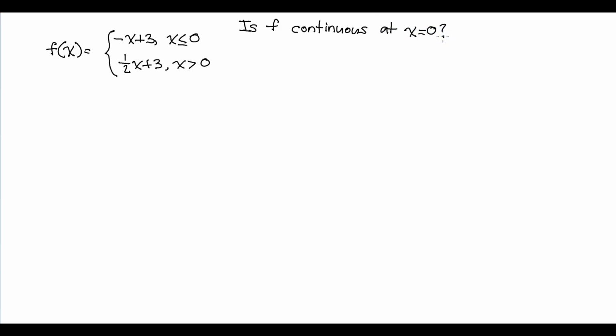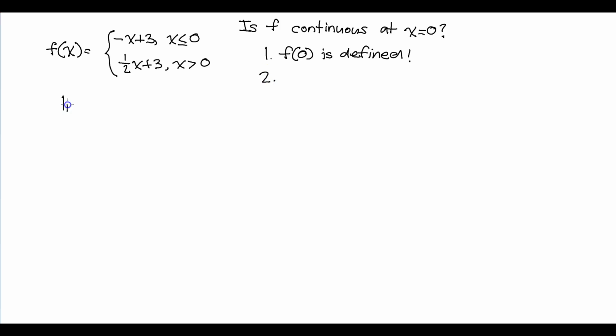So we know f of x is defined at 0. F of 0 is defined, since we have a condition for x equals 0, that's just the top function. So that's good.